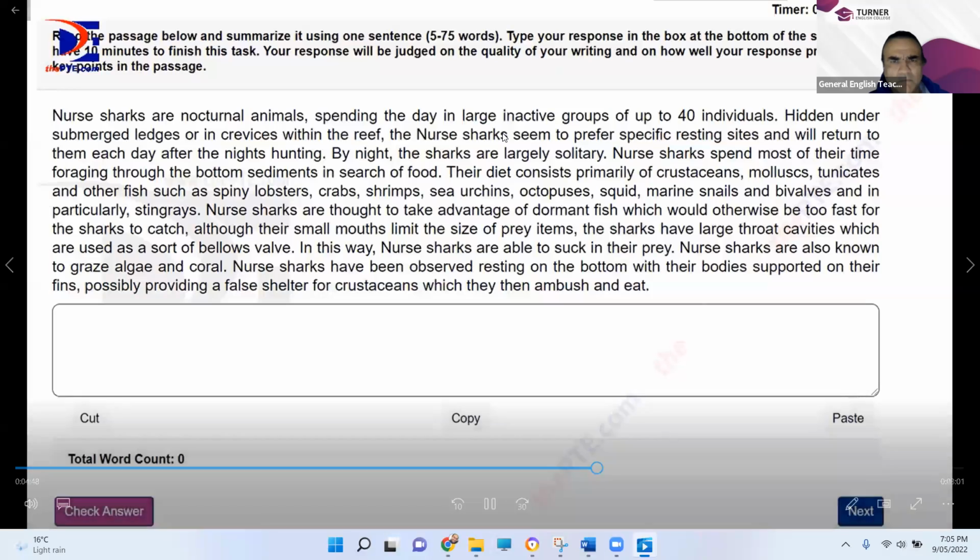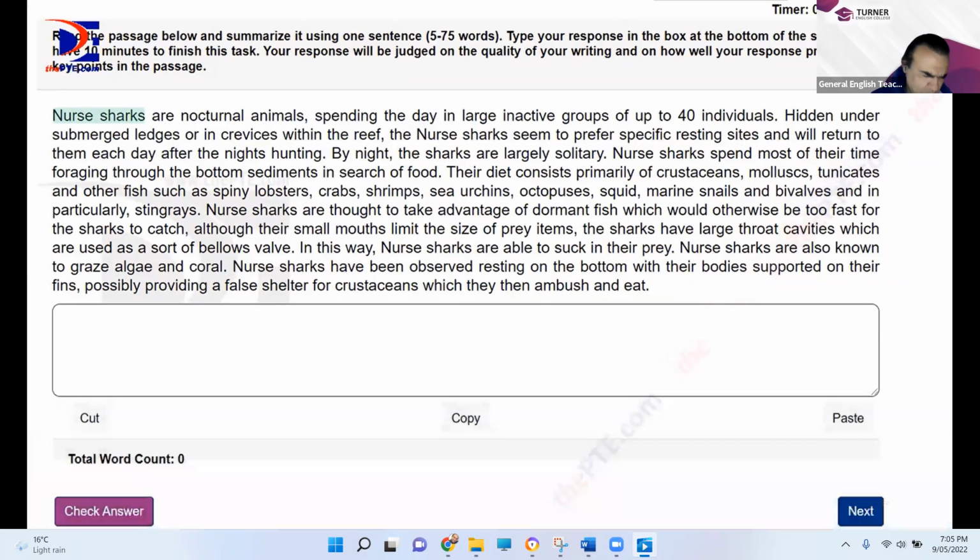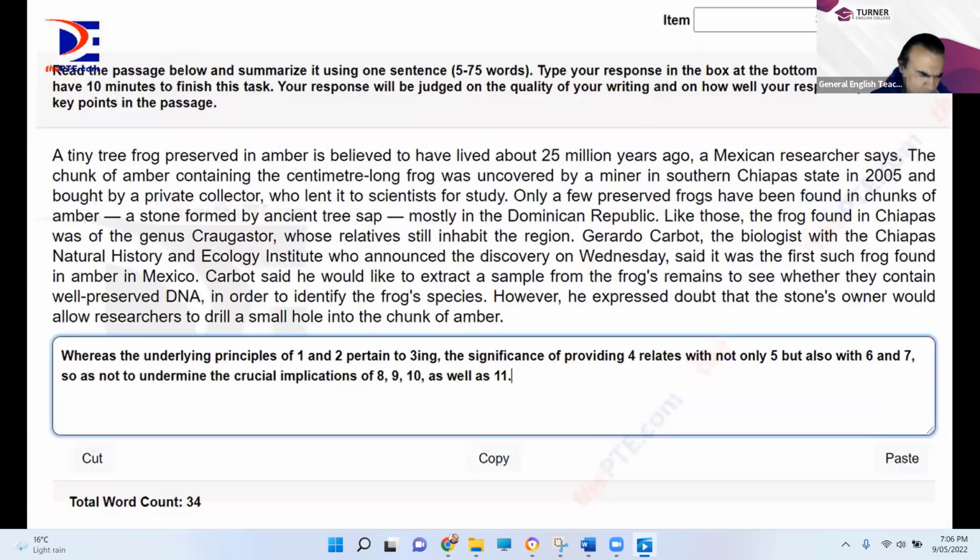For example, in this summarized written text, the word nurse shark has been repeated more than 6 times. You can choose up to 5 or 6 content words in each blank. But 3 words, adjective and noun compounds, would be fine.